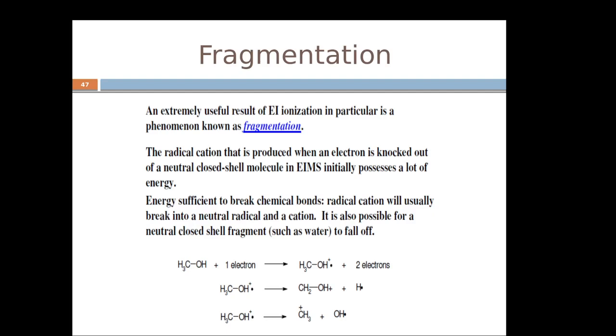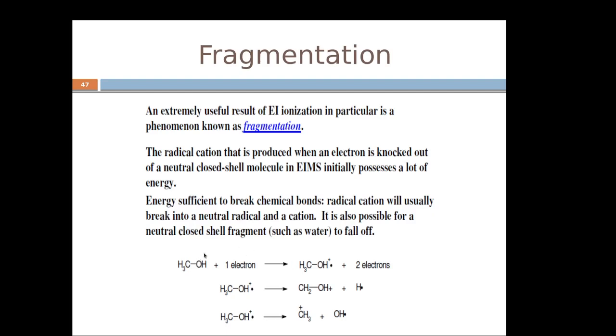Say, for example, if methanol is being hit with an electron beam, the electron in the beam can knock out an electron from the methanol molecule, and it's easier to remove an electron from a lone pair of oxygen, which is less tightly bound to the atom compared to the electrons involved in chemical bonds, the sigma bonds here.